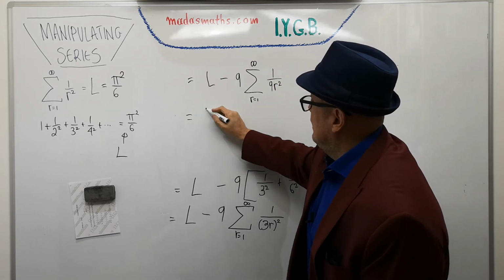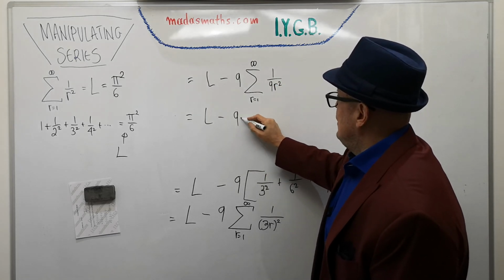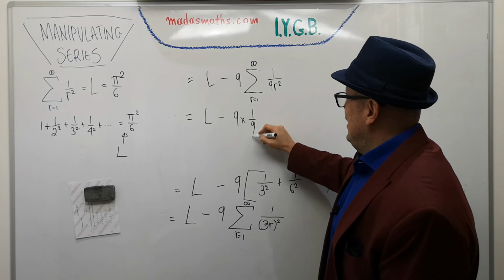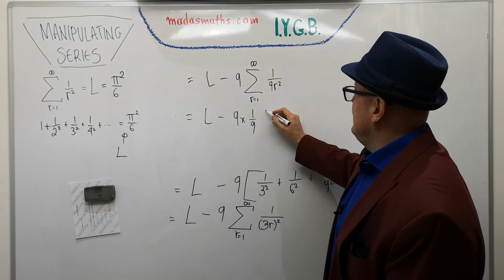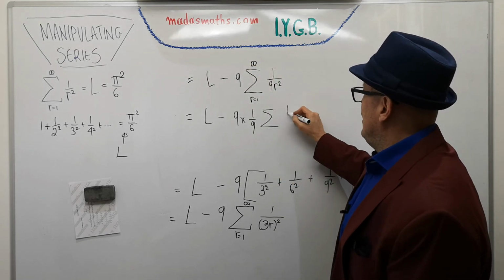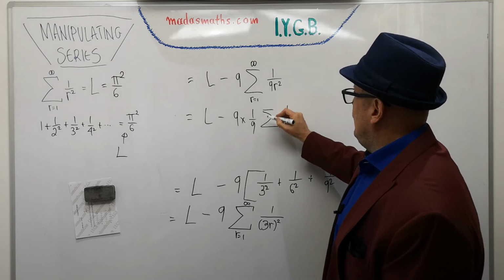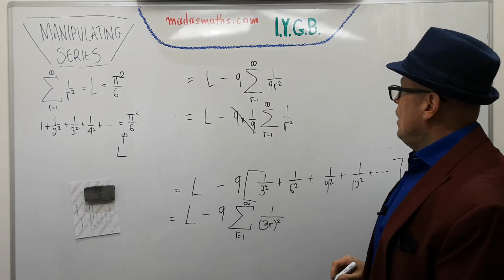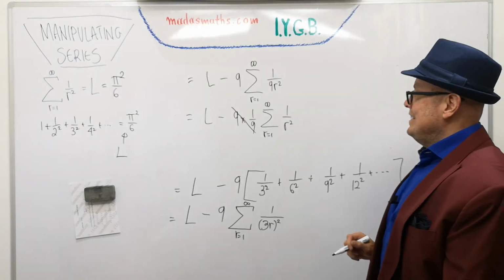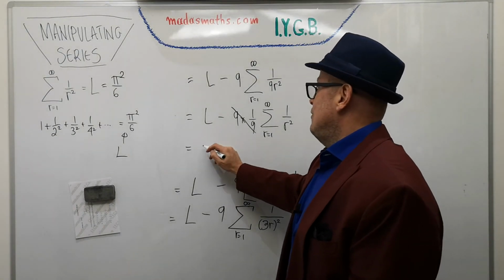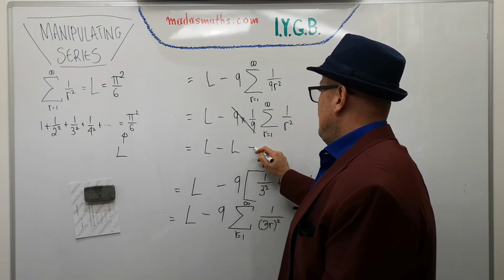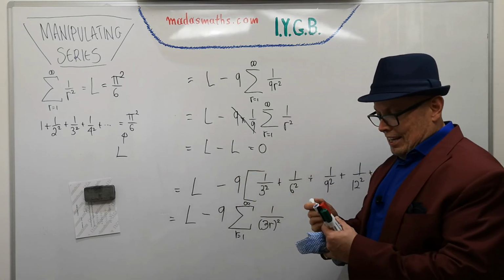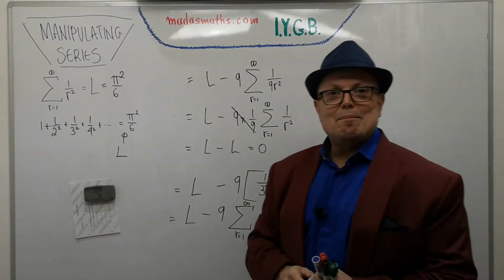Let me just write the line. It doesn't really matter. It will make the video a little bit longer as well. Times 1/9, so this is the 9 gone outside, and we got, of course, the sum of 1 over r squared from r equal to 1 to infinity. This, of course, will be 1, and this sigma is just nothing but L. So the answer for this will be L minus L. So in fact, the series that I just gave you in part D sums to 0.